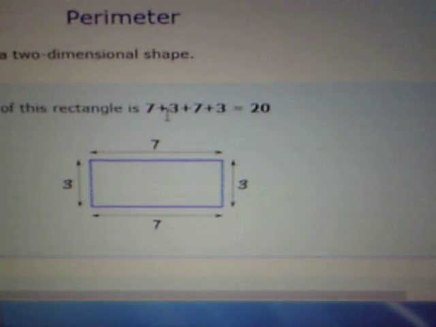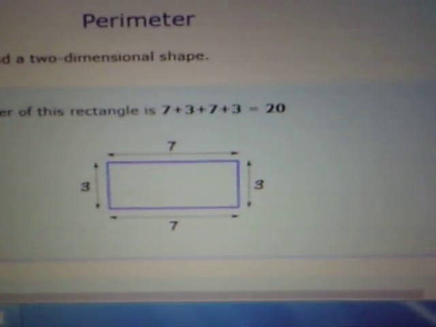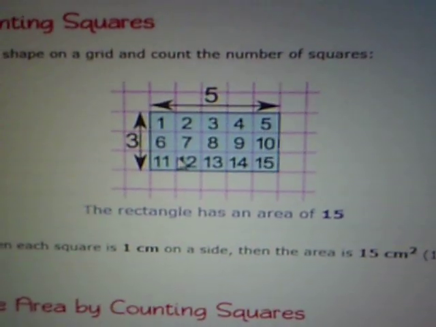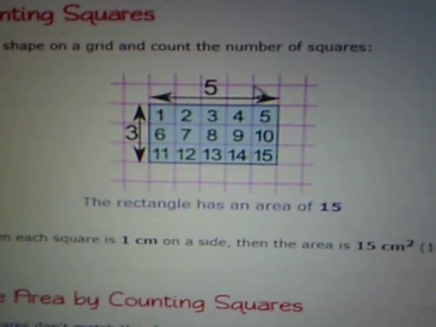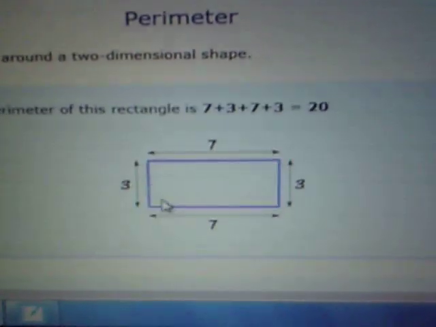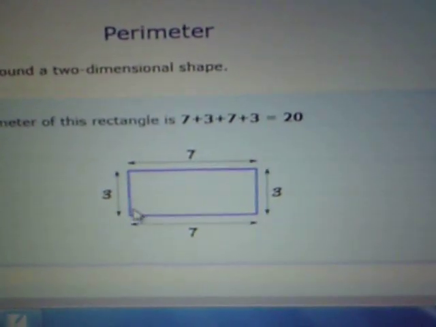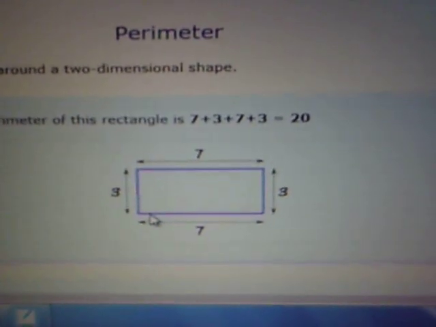That gives you the same perimeter as adding them all together. So once again, area represents the amount of space inside a shape, and you get that by multiplying the height times the width. The perimeter represents the total distance all the way around the shape, so you simply add all the side lengths together.